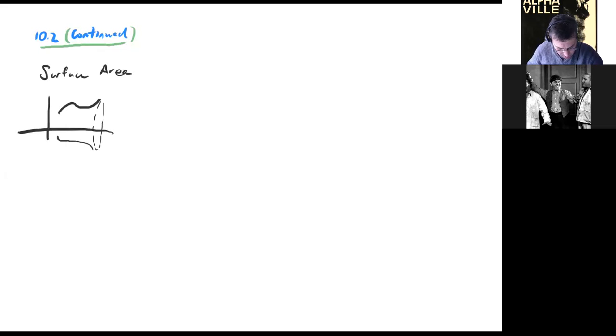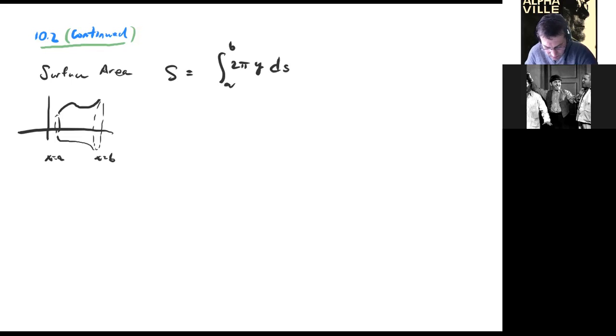The surface area of the surface of revolution, with the curve defined from x equals a to x equals b, is the integral from a to b of 2 pi y ds, where ds is the square root of 1 plus dy dx squared times dx. And y is viewed as a function of x in this formula.